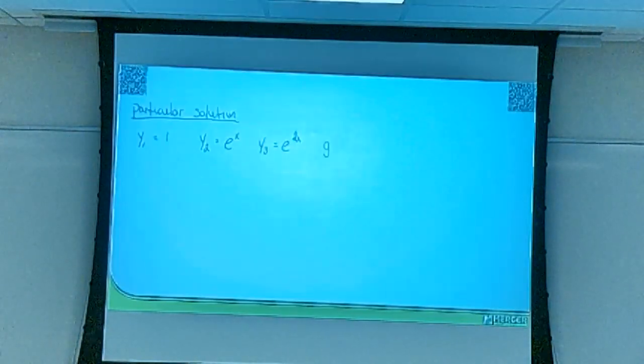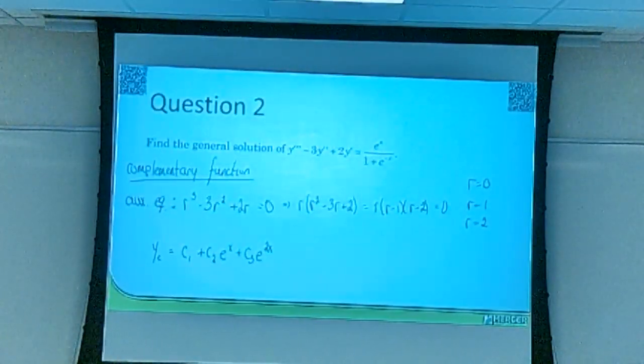What's g? 0. e to the x over 1 plus e to the negative x. That ugly looking thing.